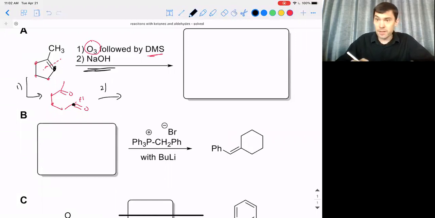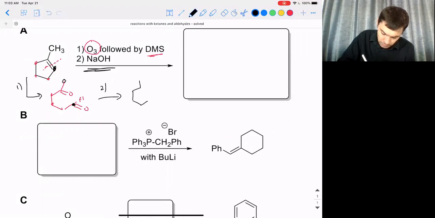Now, because this is technically a crossed aldol, where the carbonyl that we're going to make the enolate from is different from the carbonyl that's going to be attacked, we should really consider a wide variety of enolates here. And so we could imagine deprotonating this carbon. So that would make this enolate. I'm just going to color code these here.